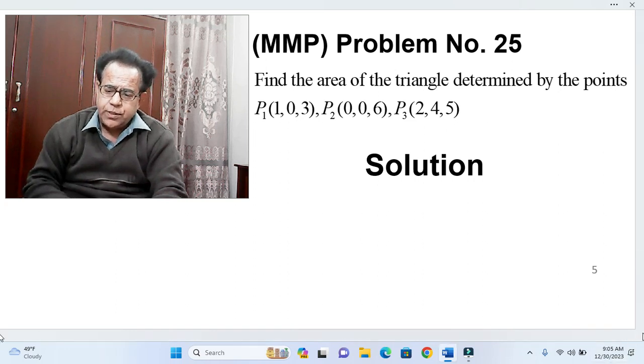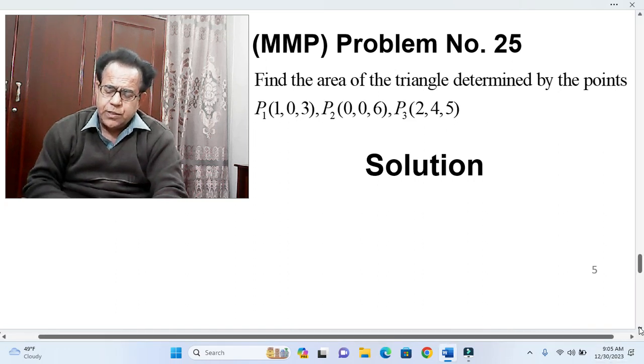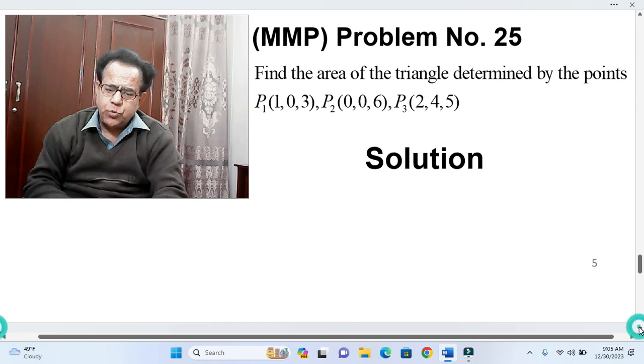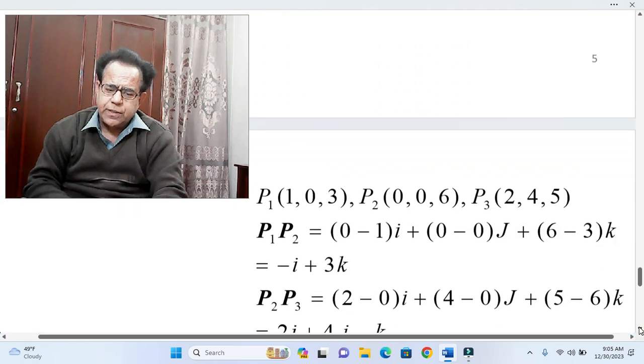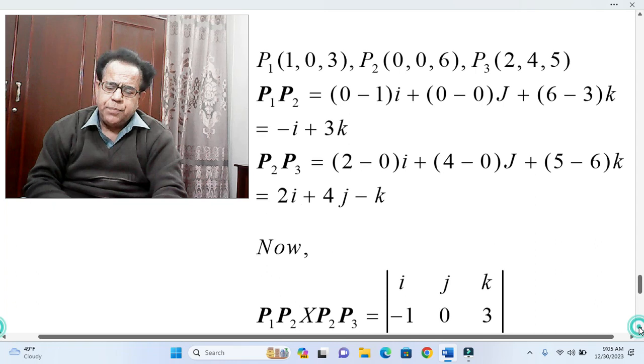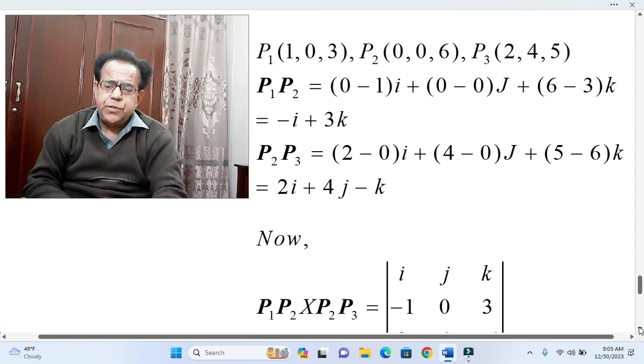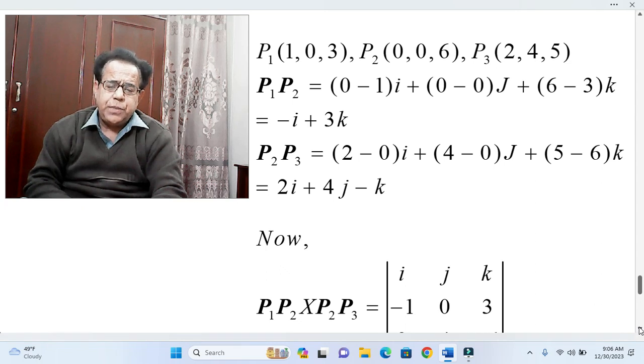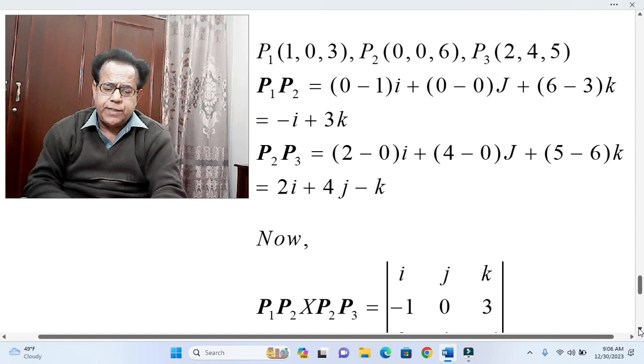Yes students, now we are going to find the P1P2 and P2P3 vectors. Vector P1P2 finally becomes equal to minus i plus 3k. Similarly, vector P2P3 becomes finally equal to 2i plus 4j minus k. We do not give more time to this step.